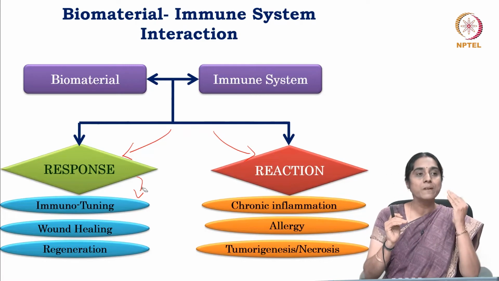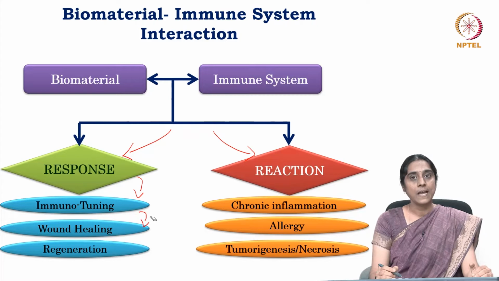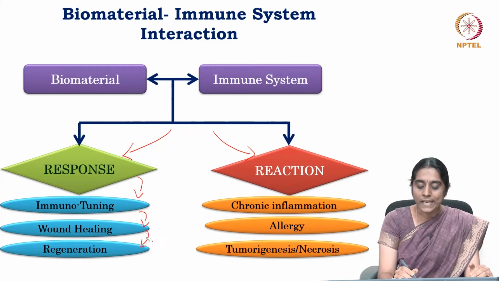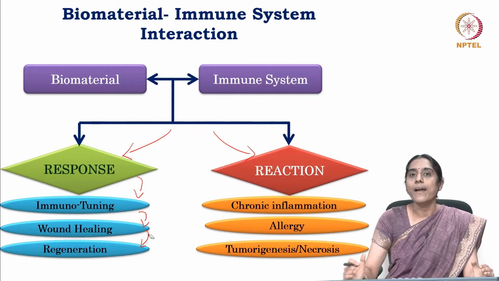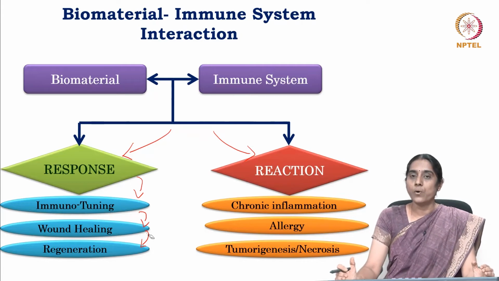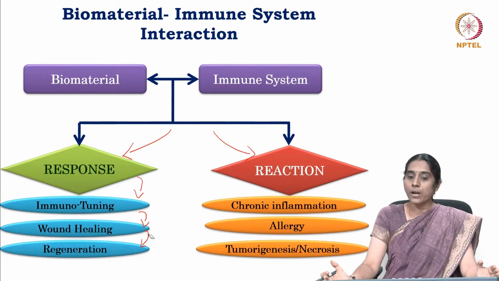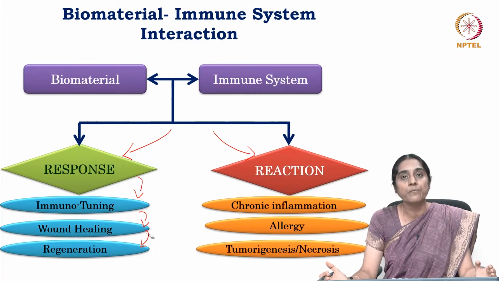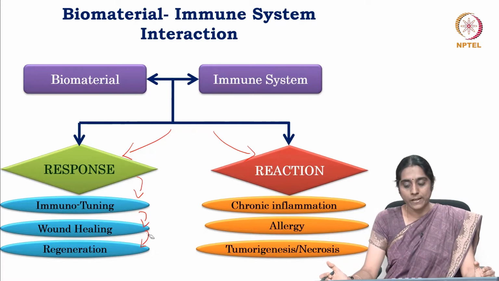There should be a switching of the inflammation towards wound healing, and this wound healing will lead to regeneration. So this is the ideal requirement for preserving a biomaterial for a longer time in the body or for optimal functioning of the biomaterial, and especially for regenerative biomaterials.